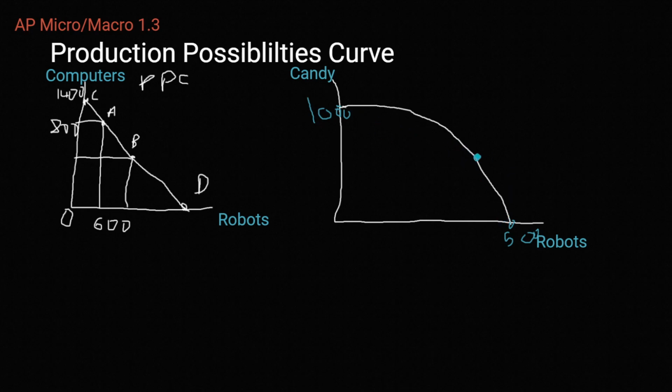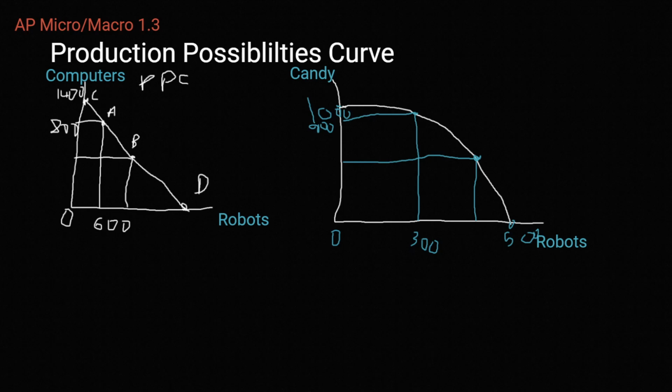And you can see that as we go along the curve in either direction, the price that we give up for another good is increasing. Here, if this is 900 candy and 300 robots, the price that we gave up here to get the additional 300 robots is only 100 pieces of candy.